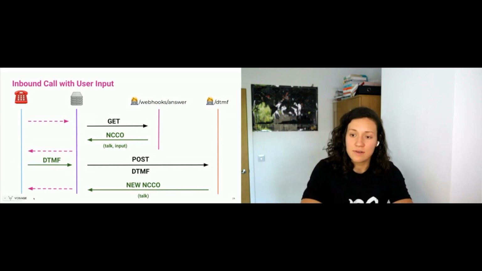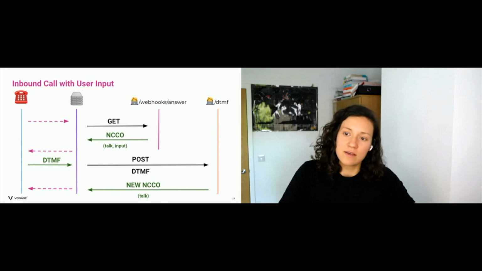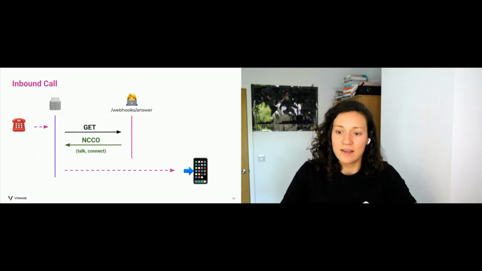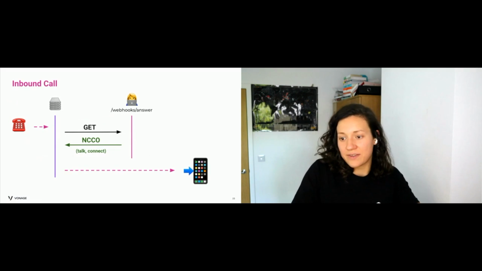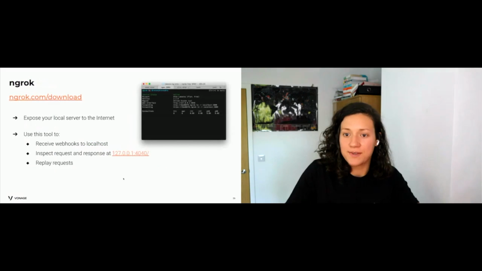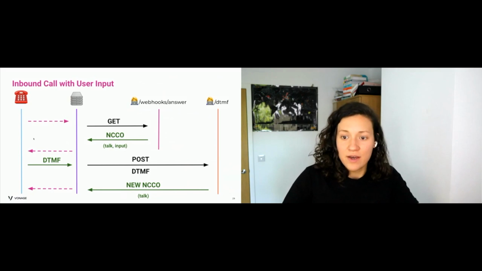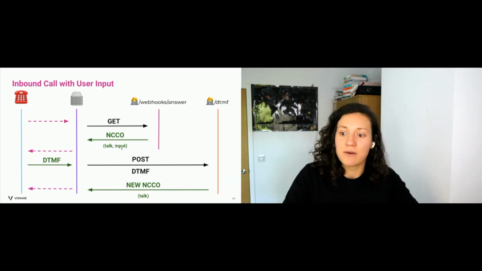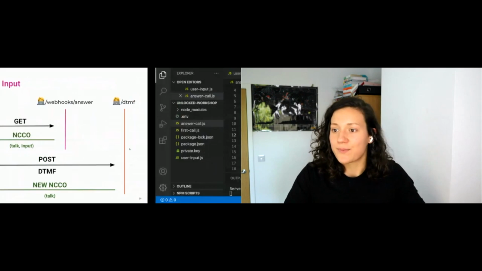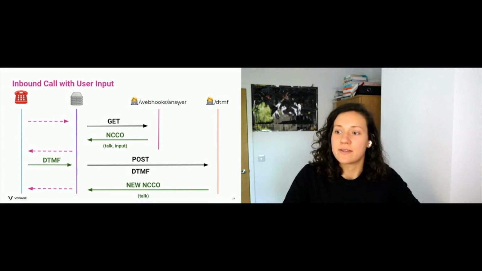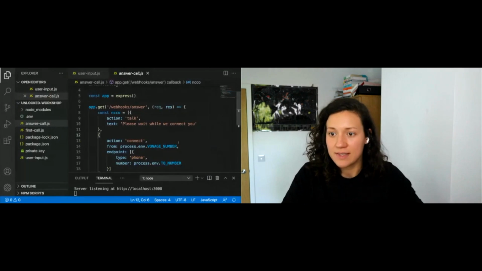Because if you look at it, the inbound call, if we leave the connect aside, was the first part from the inbound call with user input schema. So the first half we already have. We just need to switch out the connect action for an input. And we have already implemented an answer webhook. So we only need a DTMF. So let's see how we do that.